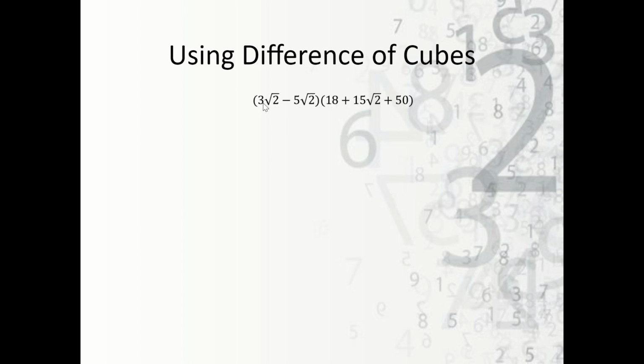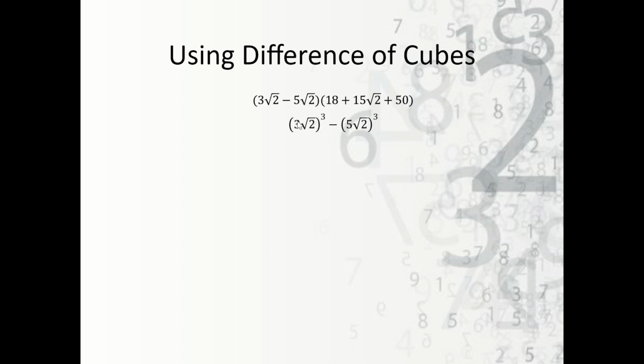And what we should notice is 3 square root of 2, if we square that, we get 18. And if we square 5 square root of 2, we get 50. So this is really a minus b times a squared plus ab plus b squared. So we can rewrite that as 3 square root of 2 cubed minus 5 square root of 2 cubed.